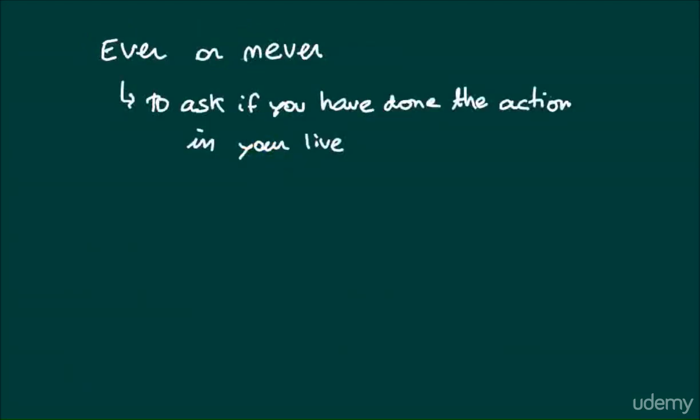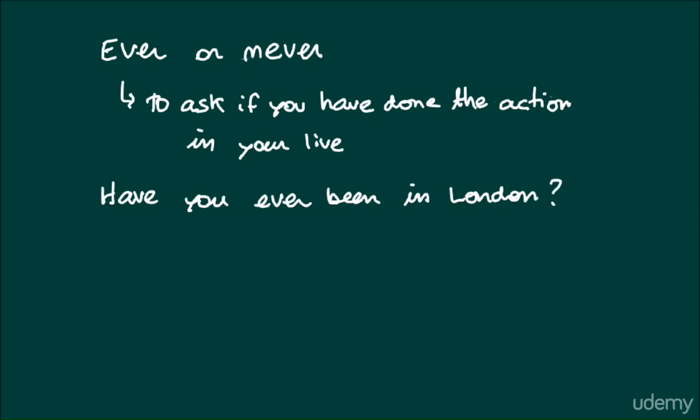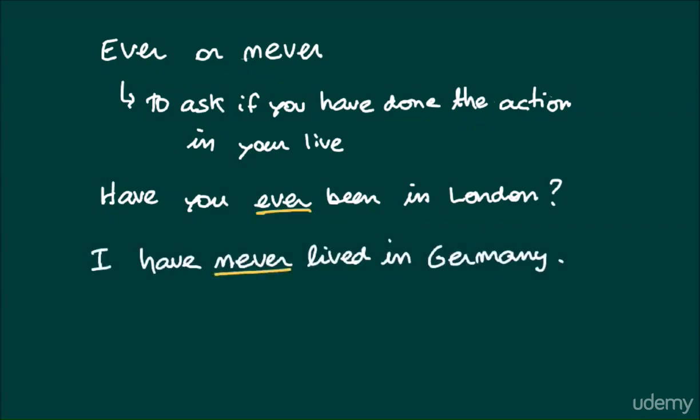We use the words ever and never to ask if you have done the action in your life. For example, have you ever been to London? I have never lived in Germany. Check and remember where the word ever goes in a sentence.